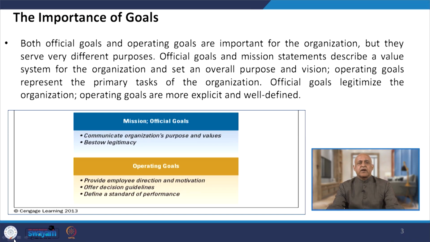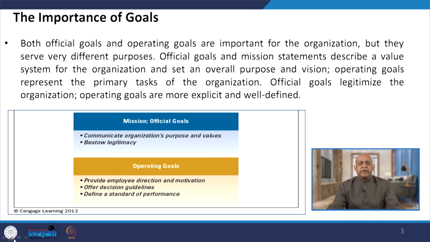When we set an overall purpose and vision, operating goals represent the primary task of the organization. Therefore it is task oriented, activities oriented. Operating goals will always be there for these organizational goals, while the official goals are more based on value systems.